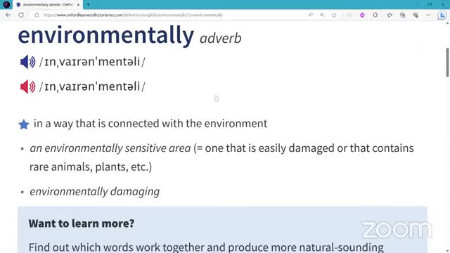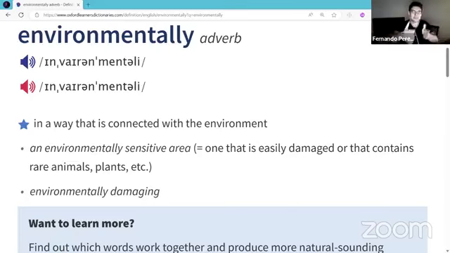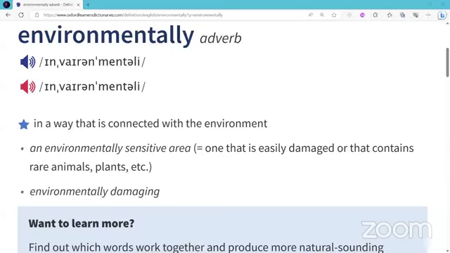I can do another example. Mexico City is a city with environmentally damaging. Environmentally damaging what? Because an adjective means a damaging noun.